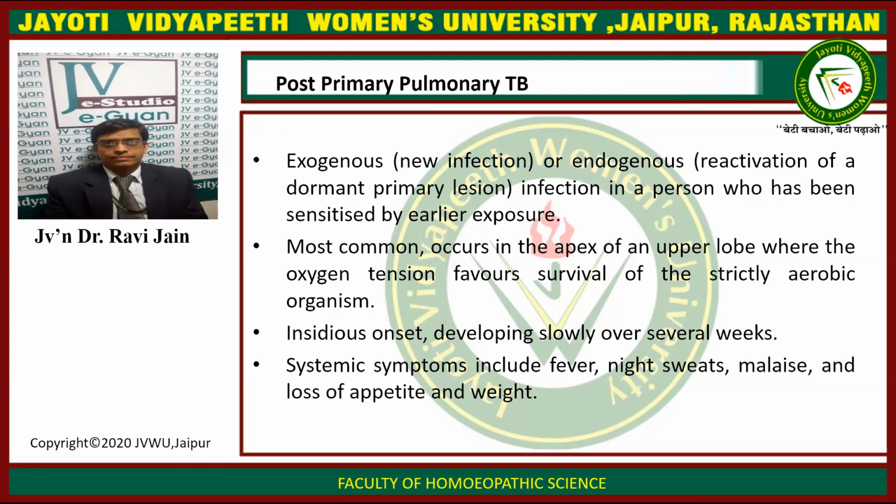Post-primary tuberculosis: exogenous new infection or endogenous reactivation of the dormant primary lesion in a person who has been sensitized by earlier exposure. Most commonly, it occurs in the apex of the upper lobe, where the oxygen tension favors survival of a strictly aerobic organism.